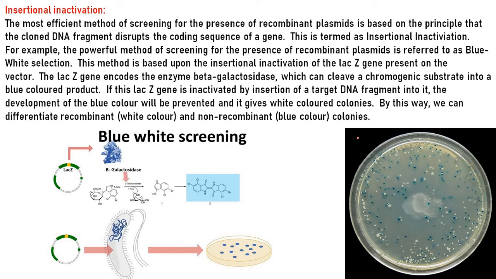Recombinants can grow only in the ampicillin-containing medium but will die out in tetracycline-containing medium. This inactivation of the gene due to the insertion of alien DNA is called insertional inactivation.